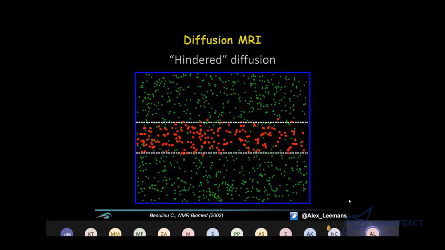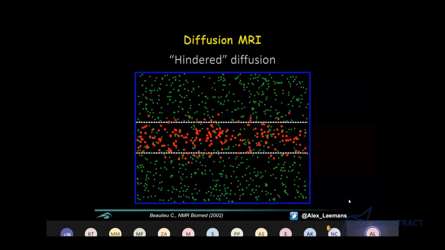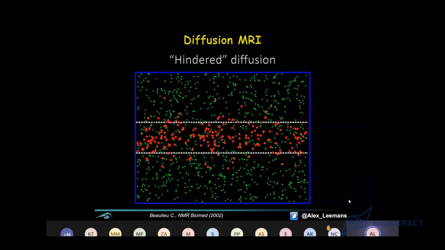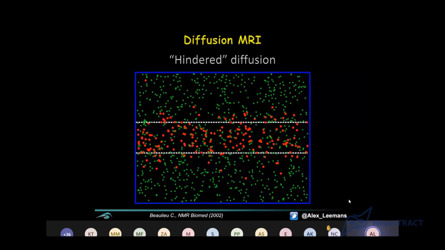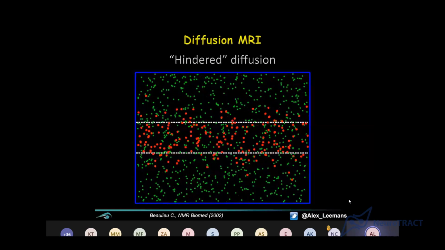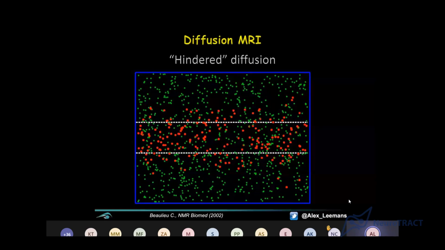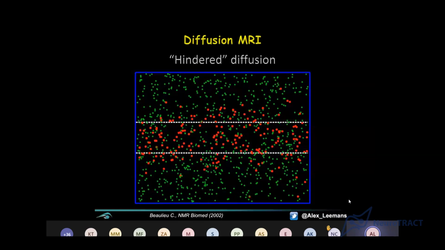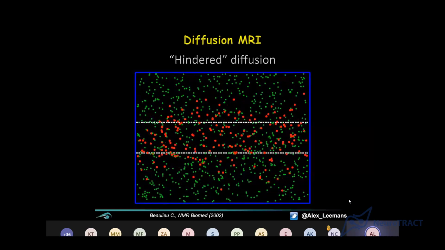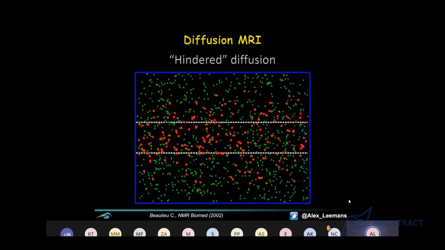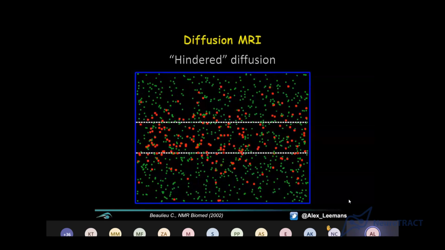I'm going to start the animation so you can appreciate these red molecules. They will be going more left, right than up, down. The green ones have an easier way. It feels like they're not hindered by anything, so they just move isotropically. But the red ones, they're hindered, but they can still cross the barriers.